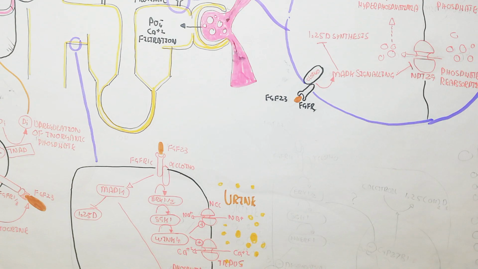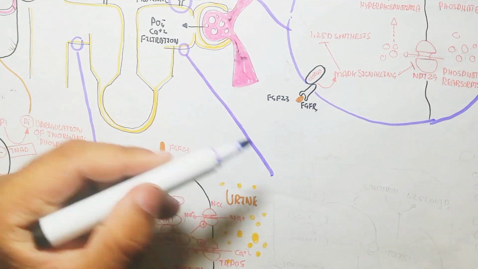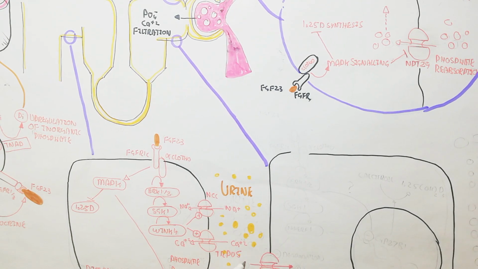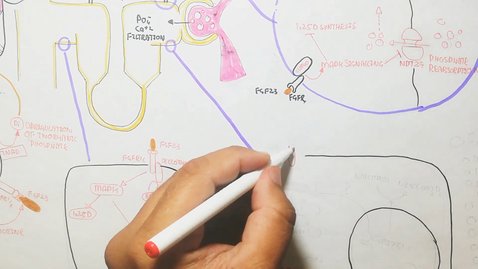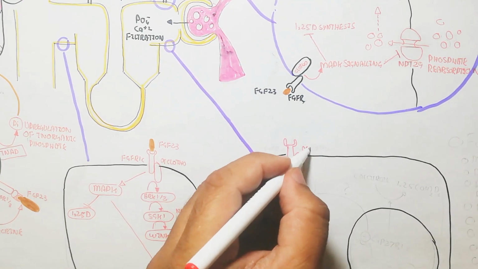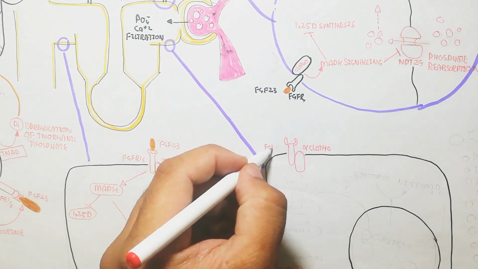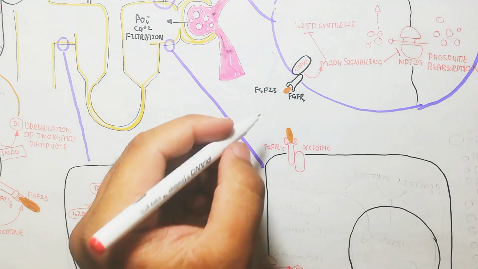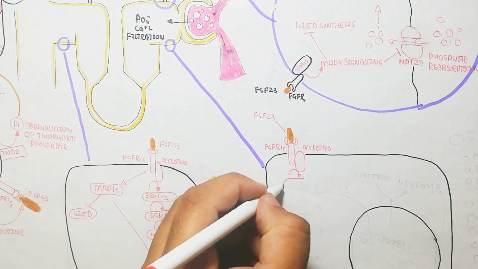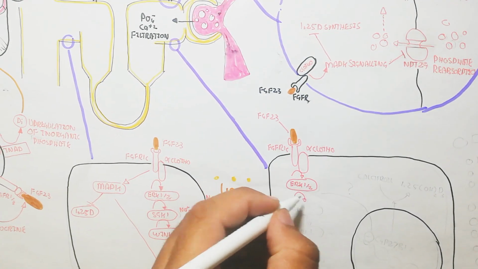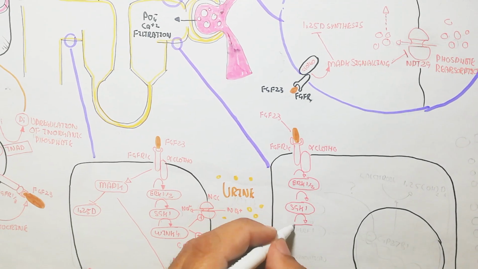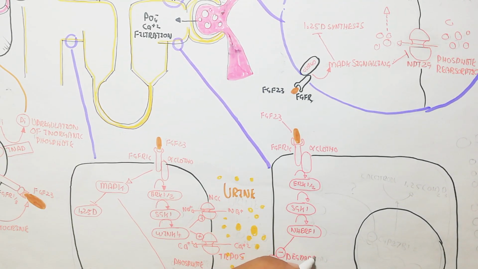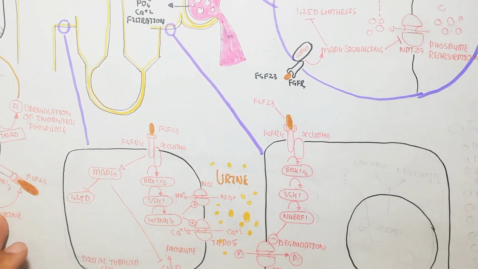Let's understand the proximal convoluted tubule, which contains FGF receptor 1C and alpha CLOTHO combined together, binding with FGF23. This will activate ERK1 and 2, SGK1 and NHERF1, which will inhibit and degrade the NPT2A channel, inhibiting the absorption of phosphate.